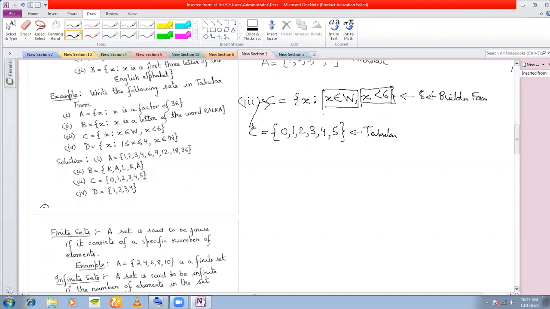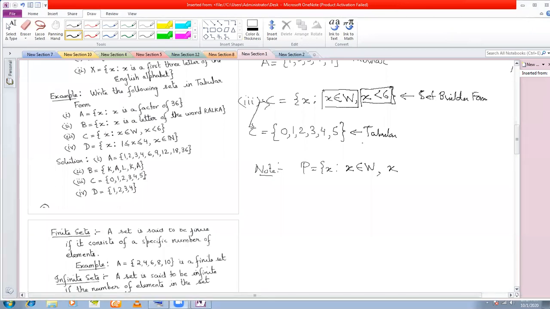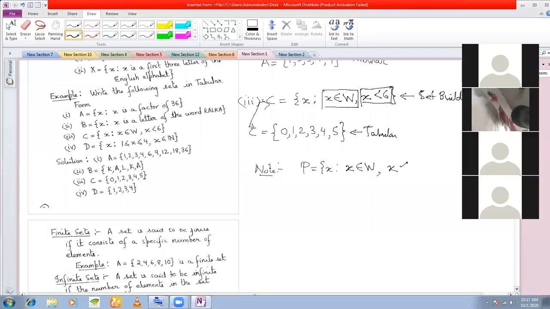For example, let us say I define a set P as {X such that X belongs to W and X is less than or equal to 200}.